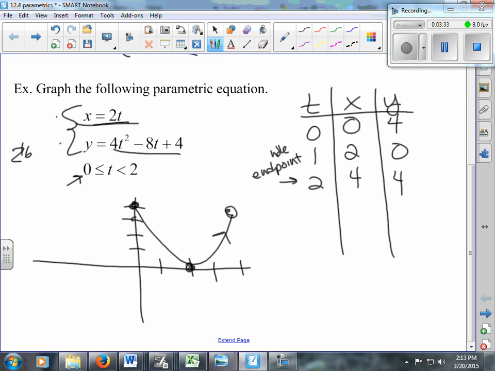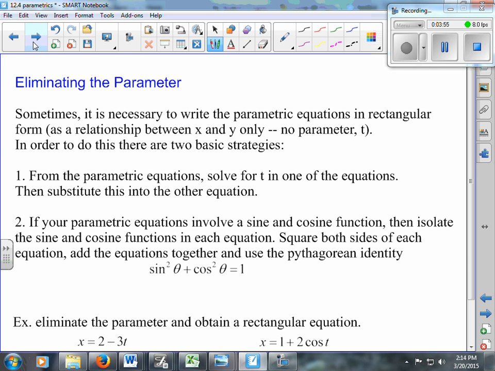So if at the beginning, when the time is 0, I start up here at the point 0, 4, and then I travel along this curve, you can see that the direction would be along the curve pointing in this direction. Okay, but we only need one arrow. All right, and so that's all it is. It's very simple. So that's how you graph parametric functions or parametric curves.